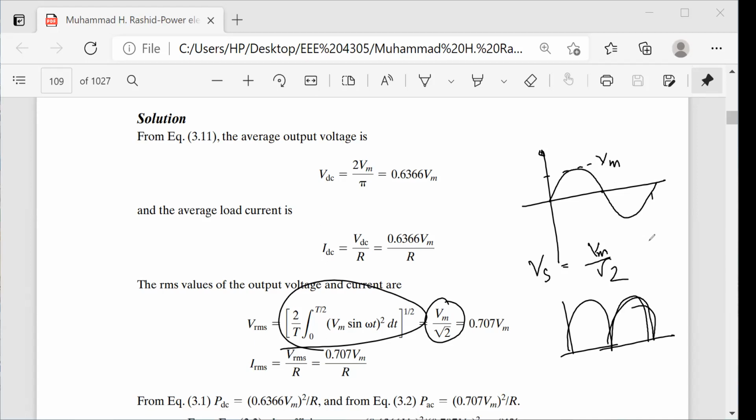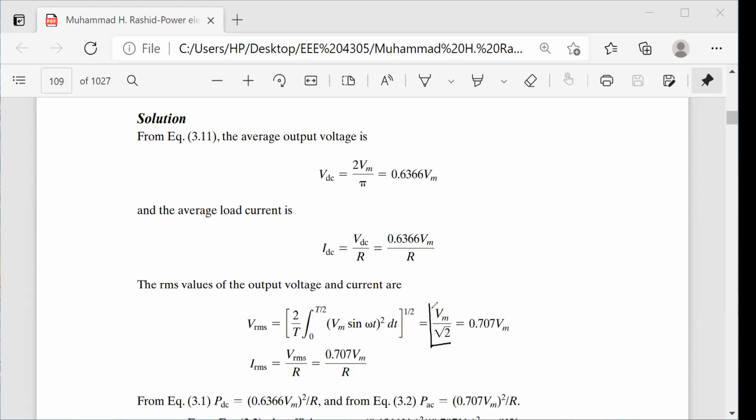Yes, sir. And then you are taking the mean and then the root. In the output side, we are getting this one already, so if you square it, we will get the same thing. That is why the RMS value of the output voltage will be the same as your sinusoidal. You understand what I say? Yes, sir. Then RMS current will be nothing but VRMS by R.